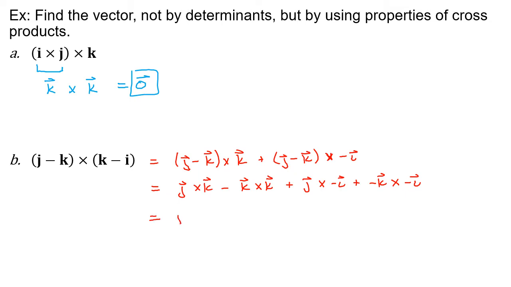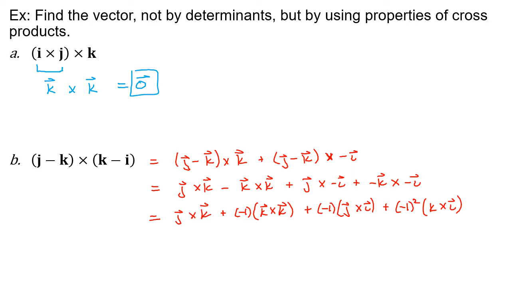So this could be j cross k plus negative 1 times k cross k plus, and I could pull the negative 1 out of the i and make this negative 1 times j cross i. And there's a negative on the k and on the i on the last one, so there's a negative 1 squared that just comes off of the k cross the i.